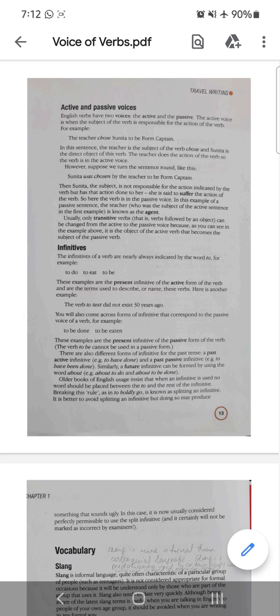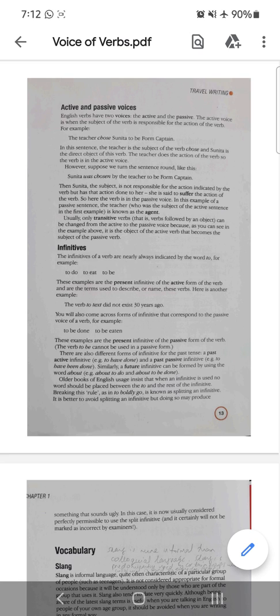Usually, only transitive verbs, that is verbs followed by an object, can be changed from the active to the passive voice, because as you can see in the example above, it is the object of the active sentence that becomes the subject of the sentence. All right, so you need an object in your active sentence to be able to change it into your subject.